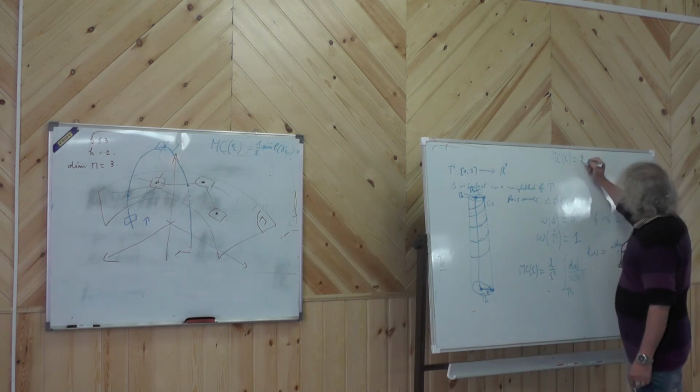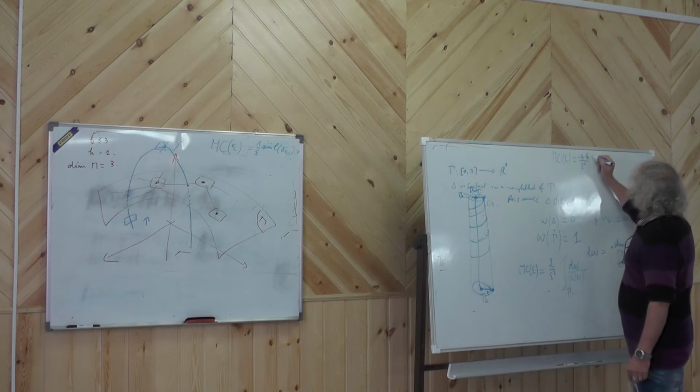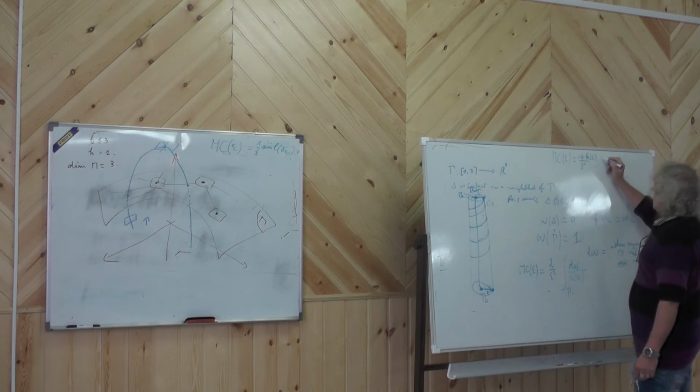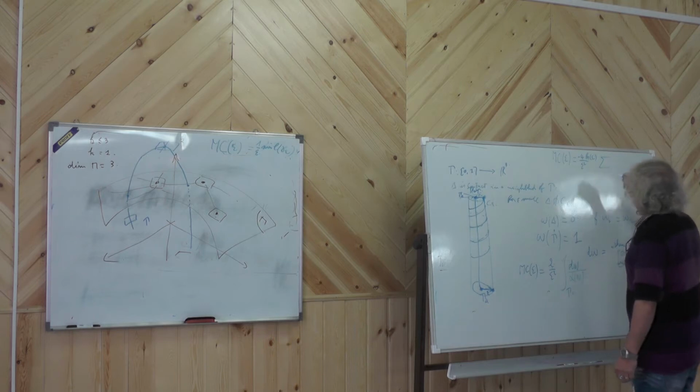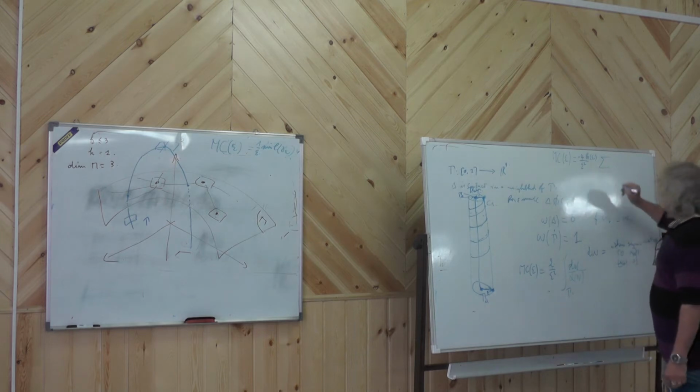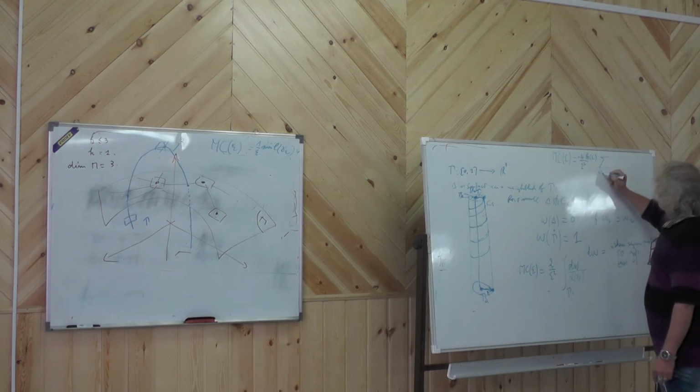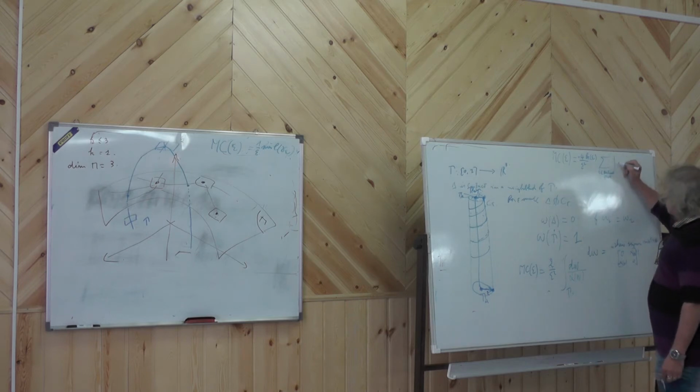It is 4 over epsilon square minus 4 logarithm epsilon over the sum over Martinez points of absolute value d alpha dw at wi.